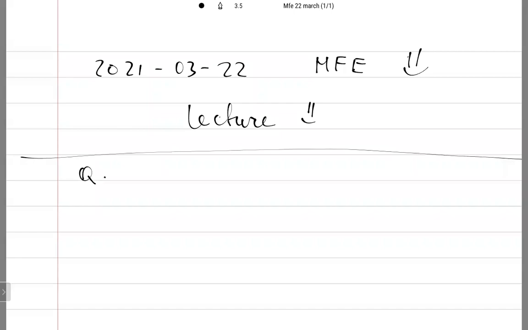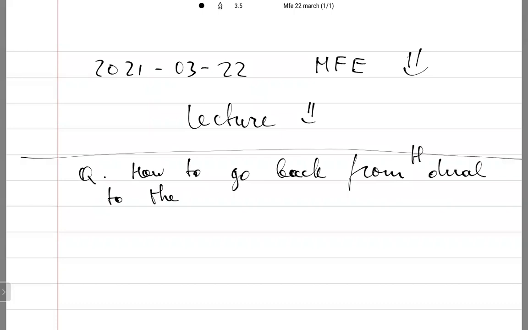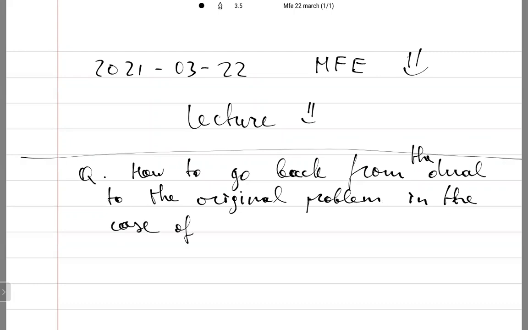Okay, the question. What should we do? How do we go back to the original problem from the dual, in the case of infinitely many solutions?